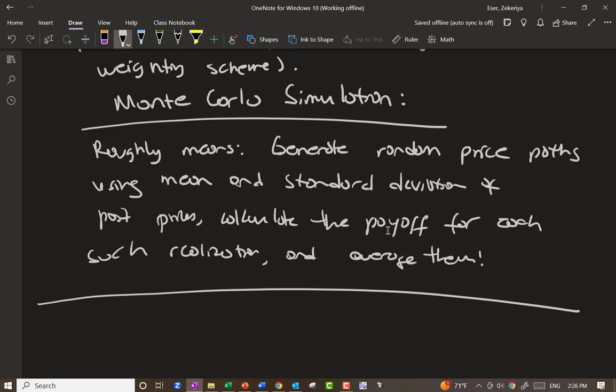Which is not terribly complicated, but it requires some computational power. I'm going to show you how to do it in a spreadsheet, but ideally you would generate the random numbers, these random paths, using something like Visual Basic, which I'm not going to get into in this class. For the derivatives class, we're going to cover that.